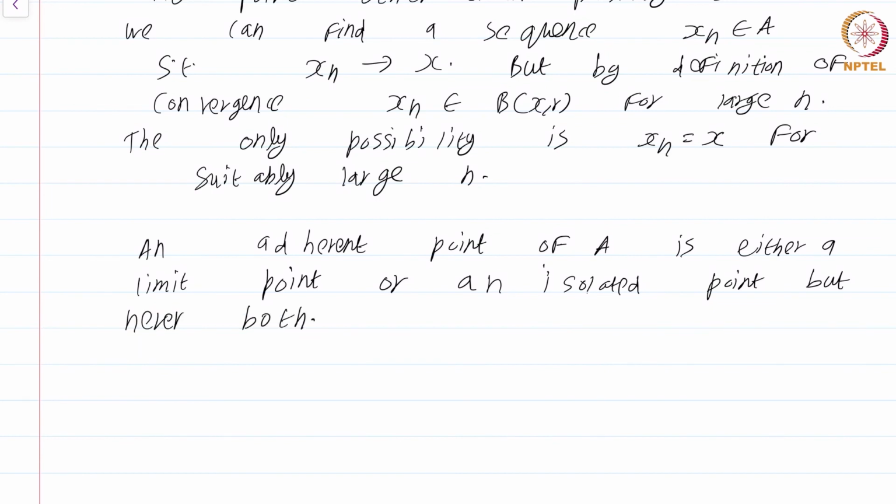Okay, so here are some basic properties of adherent and limit points. In the next module, we will see basic properties of open and closed sets. This is a course on real analysis, and you have just watched a module on basic properties of limit and adherent points.